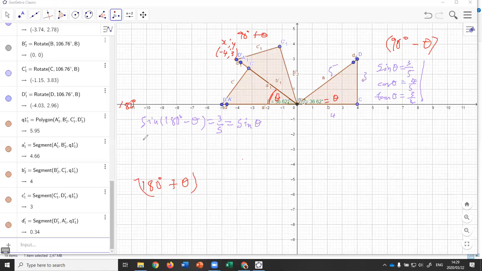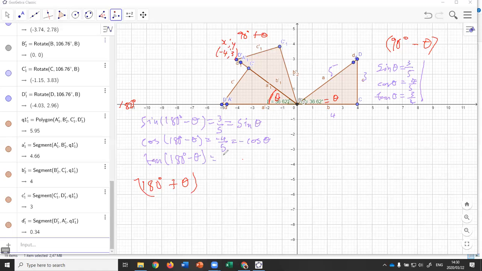Bravo. As I said, I will not do much explaining because I am under the impression that you've got the drill from the two previous videos. As we go for cos, cos should be x over r. But minus 4 over 5 is just what? Minus cos theta. And you can guess, again, the reduction for tan of 180 minus theta.